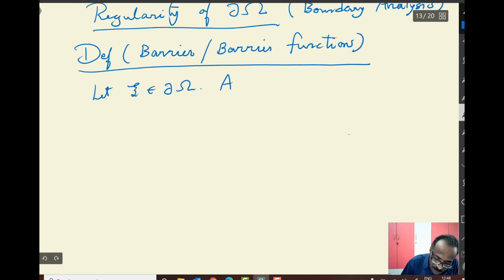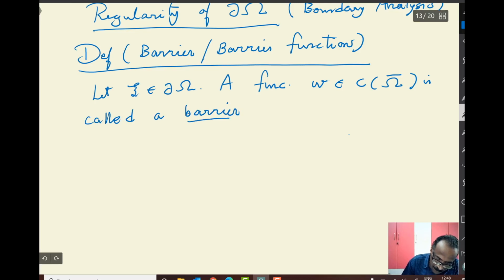A function w, continuous up to the boundary, is called a barrier at ψ, barrier at ψ relative to Ω. So this is what you understand, relative to Ω.